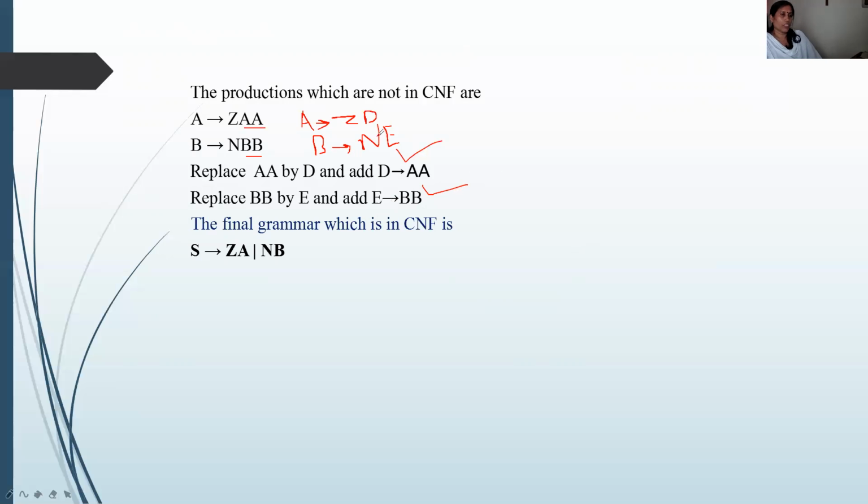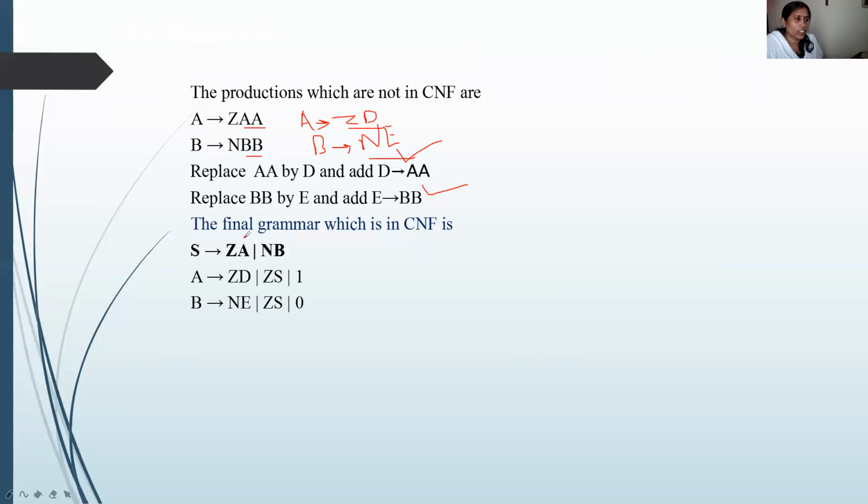So if we check here, again here we have got two variables, here also we have got two variables. S produces ZJ or NB, A produces ZG, ZS1, B produces NE, ZS or 0.